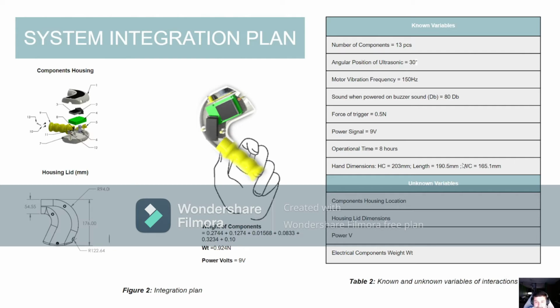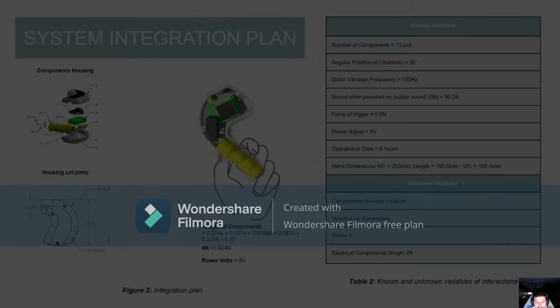The unknown variables that we need to find and calculate were the component housing locations, the housing lid dimensions, and the power and electrical components weight. As in the other presentation, all the variables are in table 2 on the right of the presentation.